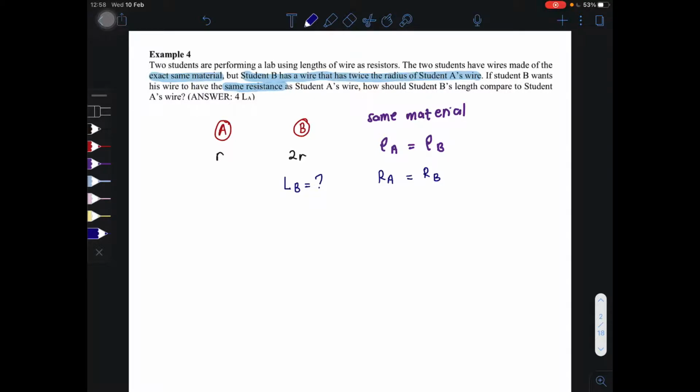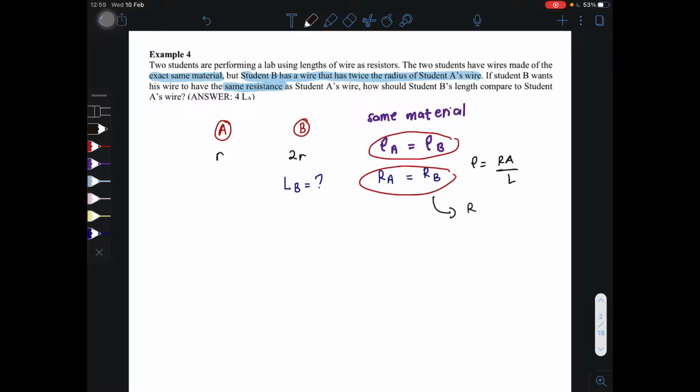Now we have two pieces of information we can use, resistivity and resistance. We know that the formula for resistivity is ρ equals RA over L, because we want the same resistance.